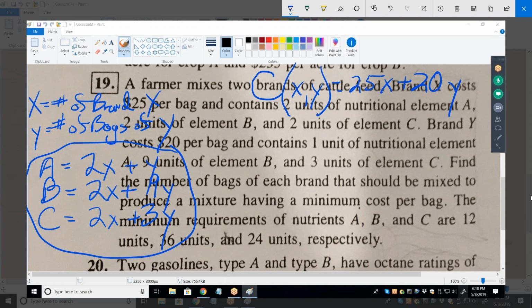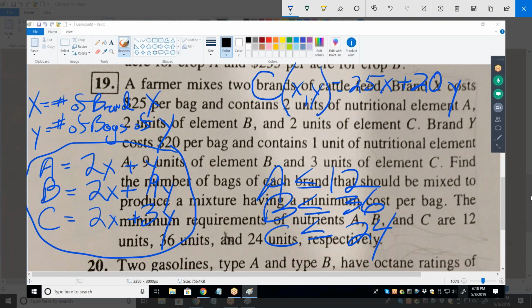And then we set each one: A has to be less than or equal to 12. B has to be less than or equal to 36. And C has to be less than or equal to 24. So we can combine those, right?